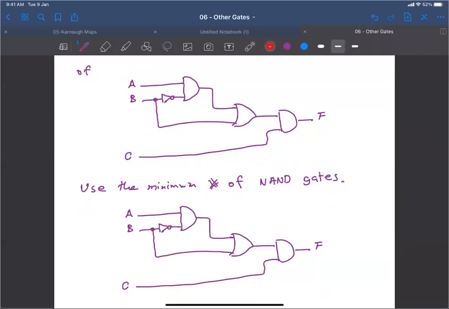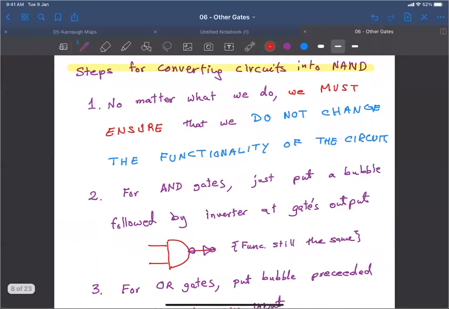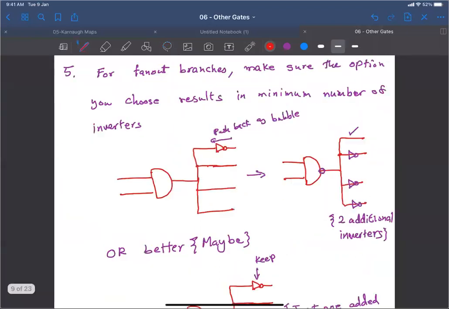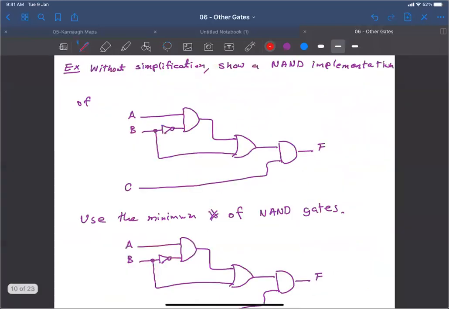So let's start with step number 1. What is step number 1? No matter what you do, you do not change the functionality of the circuit. Step number 2 is to start with AND gates and change them to NAND gates. I will use a different color for that. I have this AND gate, so I change it to a NAND gate.